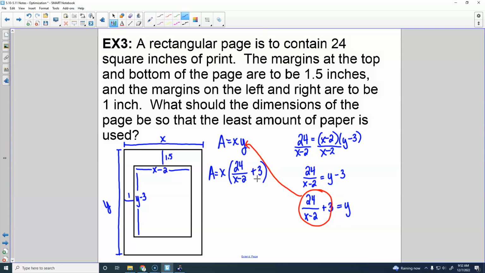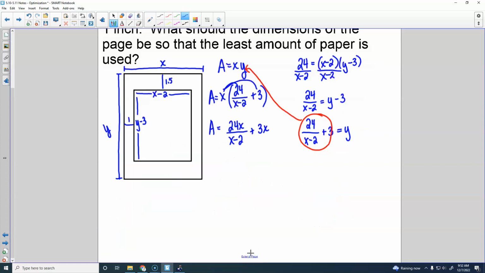And I would go ahead and distribute that there. So I've got A equals 24x over x minus 2, plus 3x. Are we okay here?